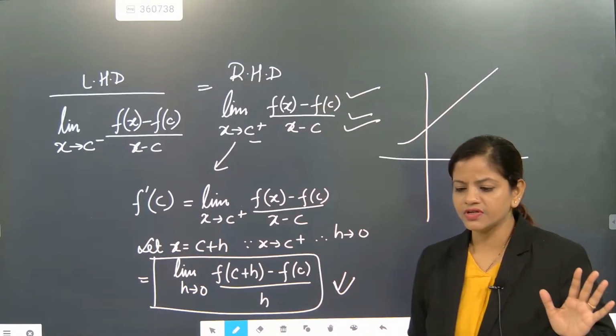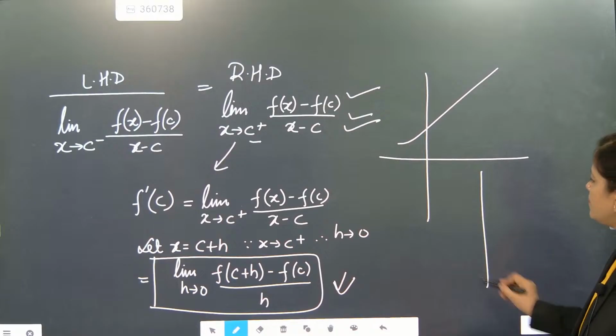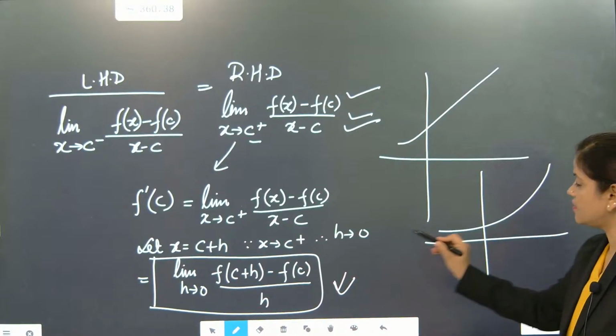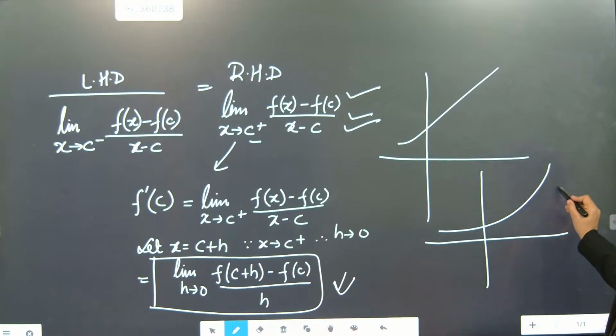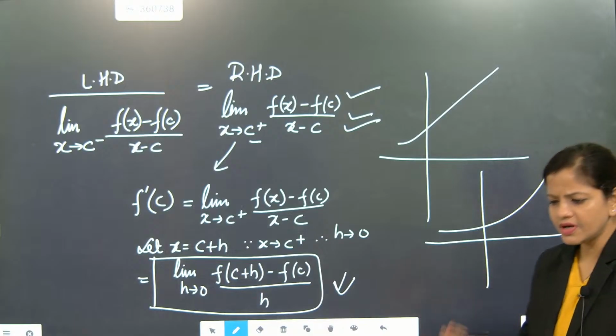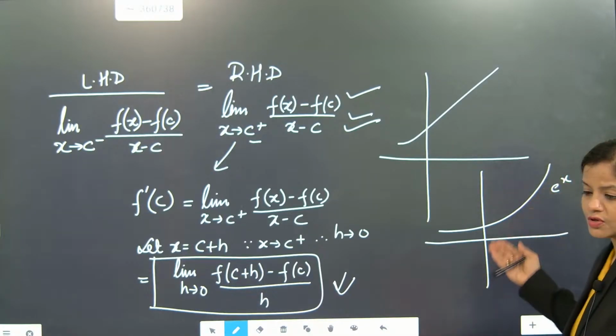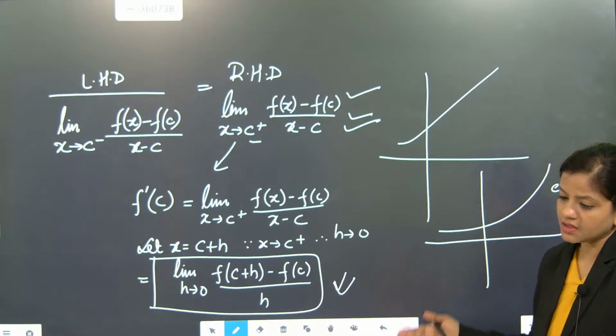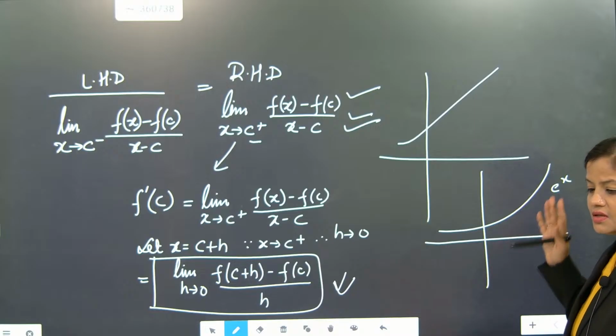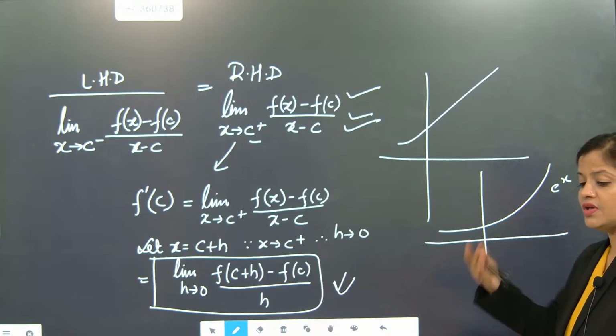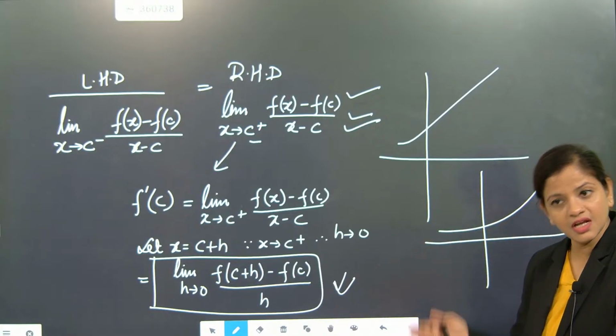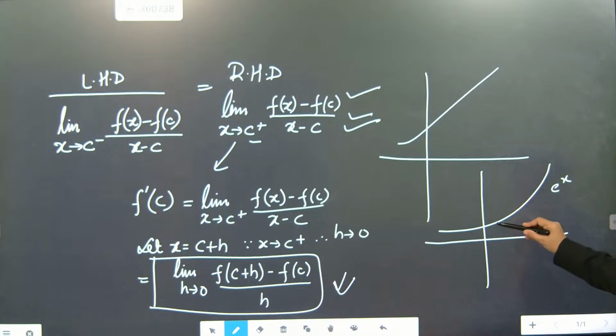Understood? Like if somebody gives you e to the power x, the graph is this one, beta. If somebody gives you log x, it can also be termed as a curve. So whatever function will be there, we will be able to draw it in a line.